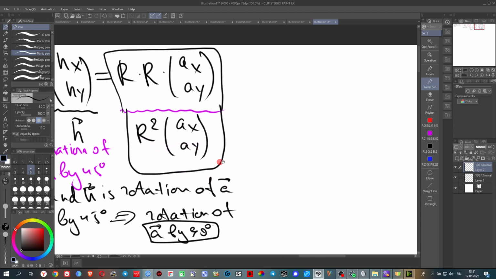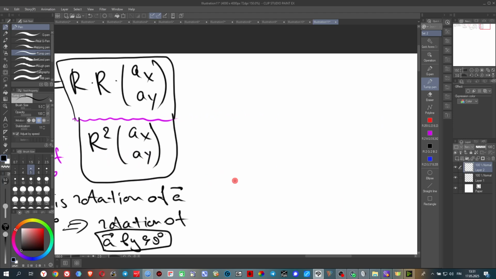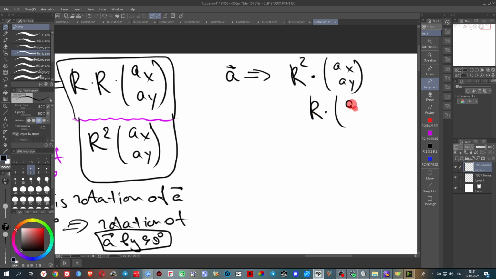So the main idea that I want you to remember, we already discussed it in the previous lesson, is that a rotation of a by 90 degrees is exactly the same as taking vector a with its components and multiplying it on the left side by r square. If we multiply it by r, it would be a rotation by 45 degrees with respect to origin.